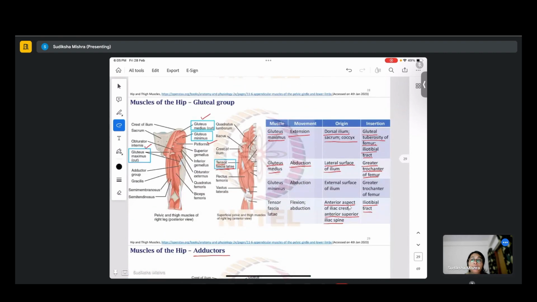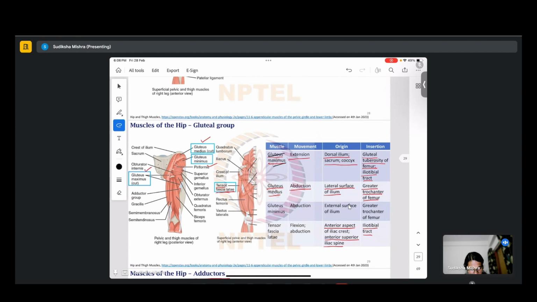The next muscle group is the gluteal group, which consists of 4 different muscles: gluteus maximus, gluteus medius, gluteus minimus, and tensor fascia lati.